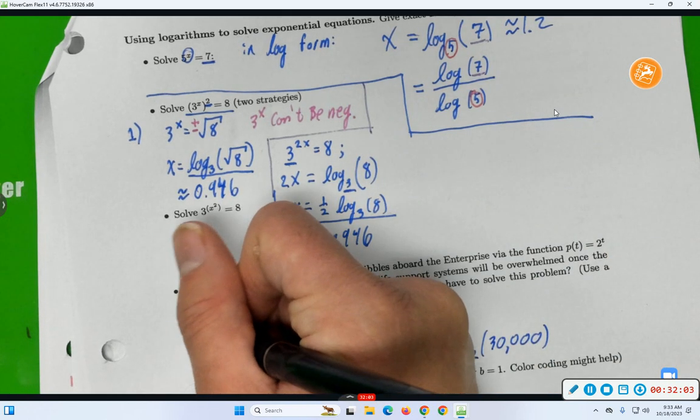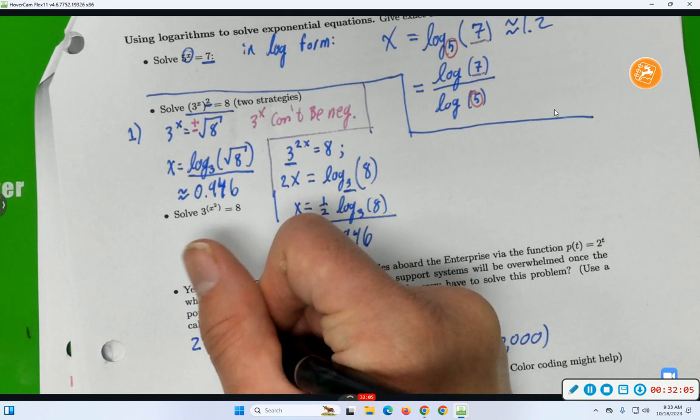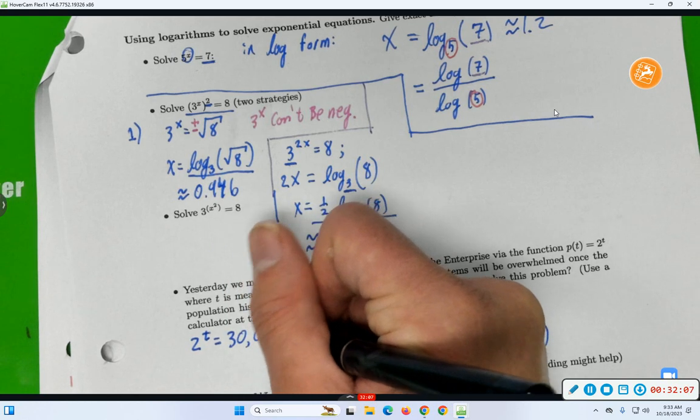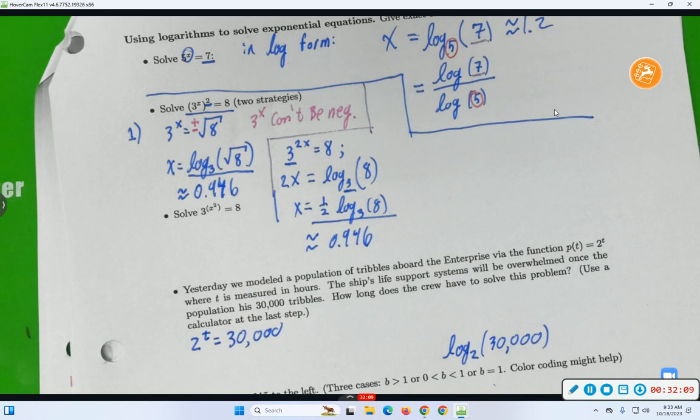Yeah, 2 to the t, there's the population. You want to know when that is 30,000. That's when the support systems will be overwhelmed? Oh, is that just an equation in exponential form that you can just put in log form? Nice. And if you want a decimal approximation, you can just get one.